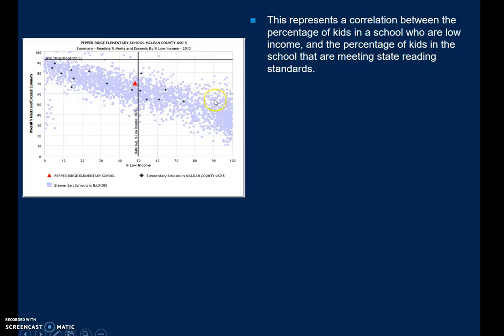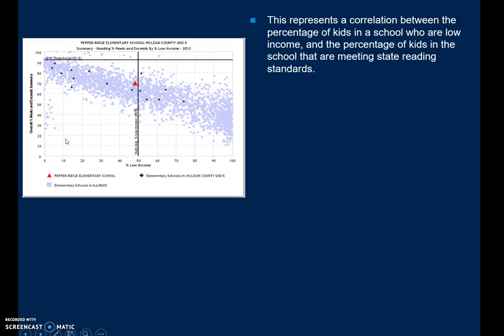And if you were to draw a line from here, all these dots over to here, you can see that a lot of these schools have students who are achieving below the state reading standards.